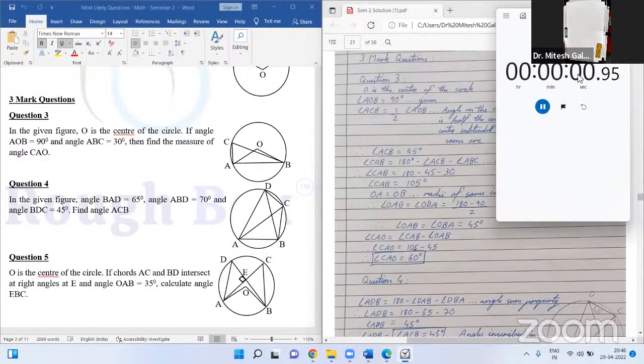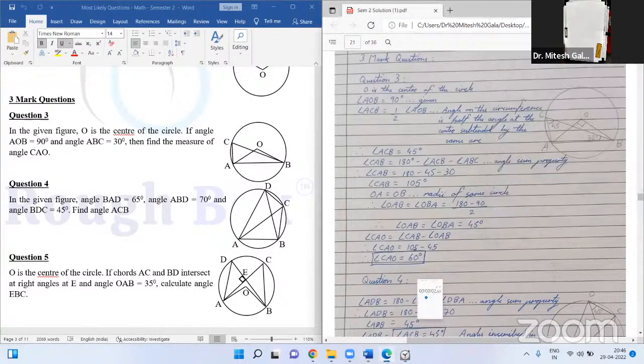Yes. So I have done this question like this. OBA is equal to OAB, which is 30, and angle A is the whole 90 degrees. So 90 minus 30, I got 60. No, I am not very sure what you're saying. Repeat. But OBA cannot be 30.